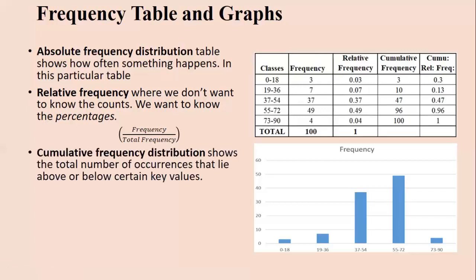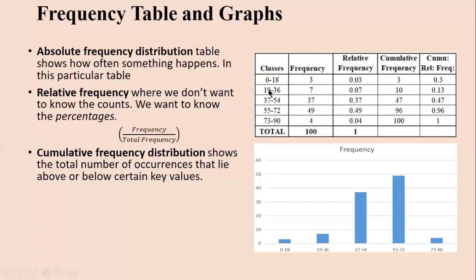Next is the cumulative frequency distribution. It means that this frequency is established again by adding the frequency of the upcoming class. From the first class it is 3, but from the second class 7 more observations are added.